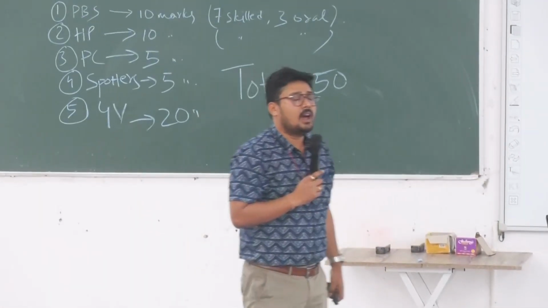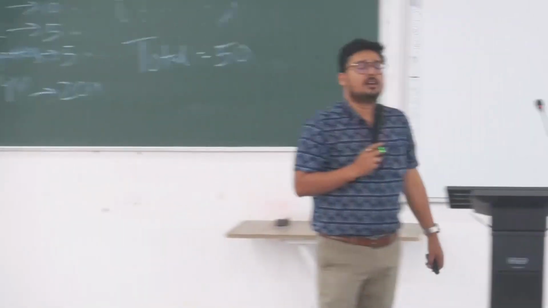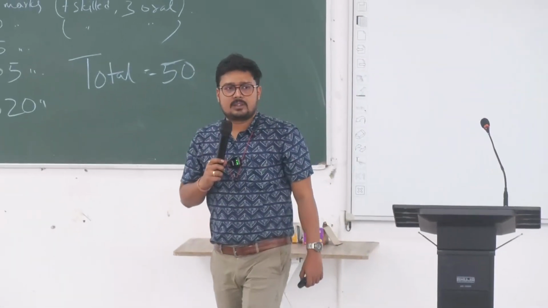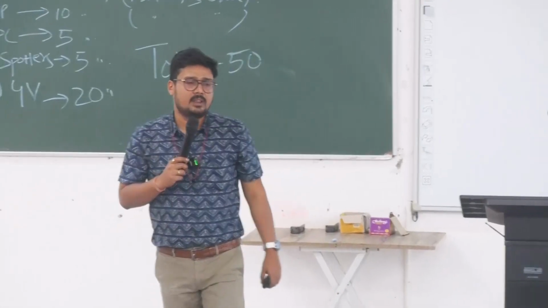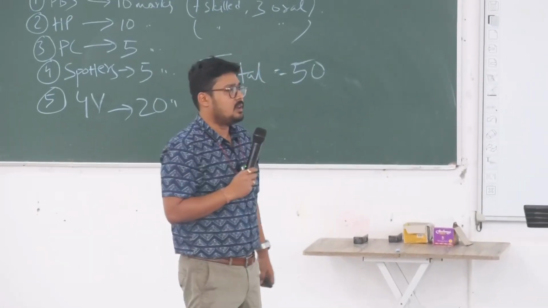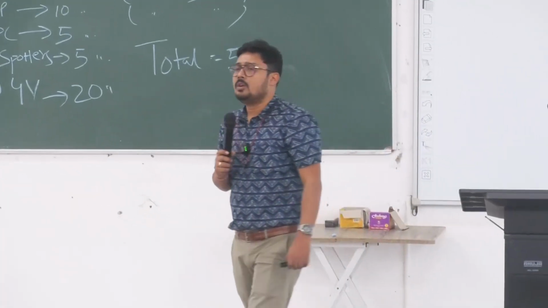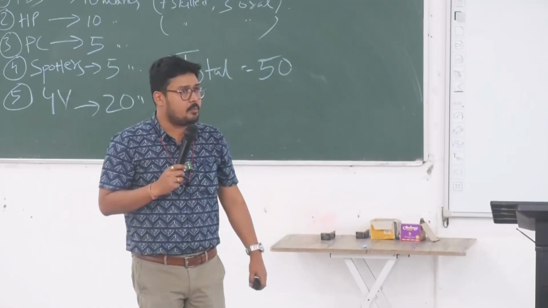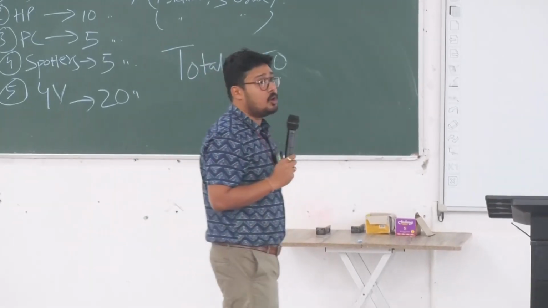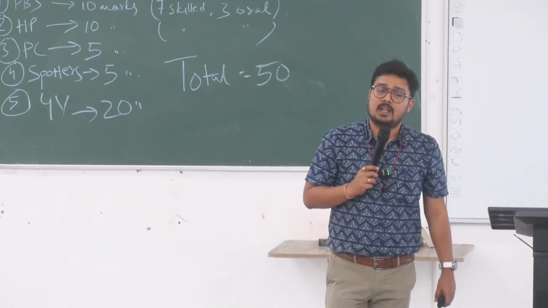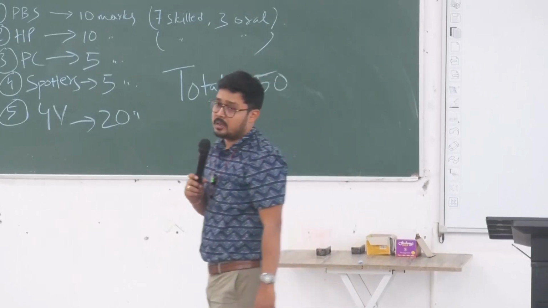Okay, and this is probably a revision topic. I have taught this in this batch previously, before the publication of supplementary examination results. This is a very important topic and frequently asked in your internal assessment as well as the final theory examination.